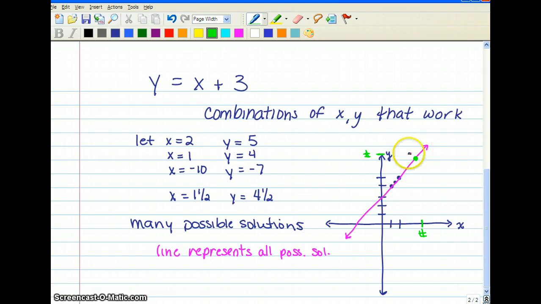It means that's a possible solution to this problem. So that's what graphing a line means, is we're trying to find all possible solutions to a problem.